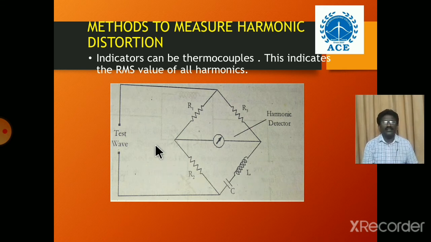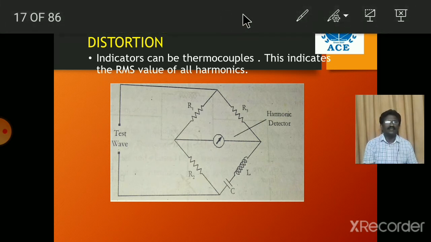According to our bridge network theorems, you must balance the bridge. So you should write the bridge balance condition as R1, R3 is equal to R2, R4.